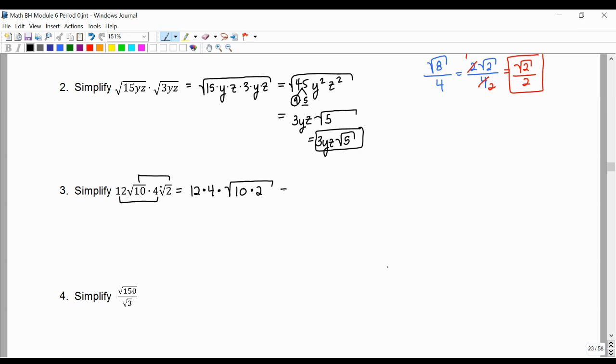So 12 times 4 is 48 times the square root of 20, and 20 has in it a 4 and a 5. The 5 is a dead end, so there is a perfect square. That is a pair of 2's, or we can think of it as the square root of 4 is 2. And we get 96 root 5.